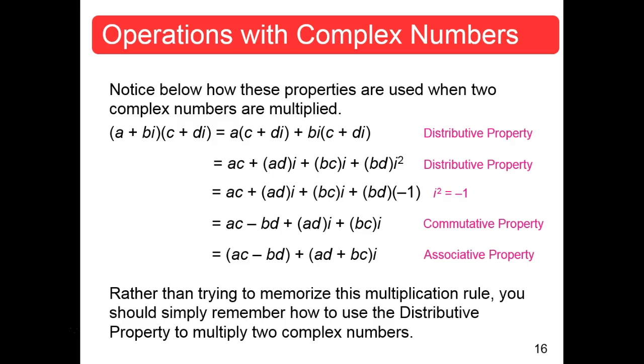So that gives you ac. Then you have a di plus bci. Okay, sounds like a company, doesn't it? And then the last is plus bdi squared. But what in the world was i squared? -1. So that would be a minus bd.